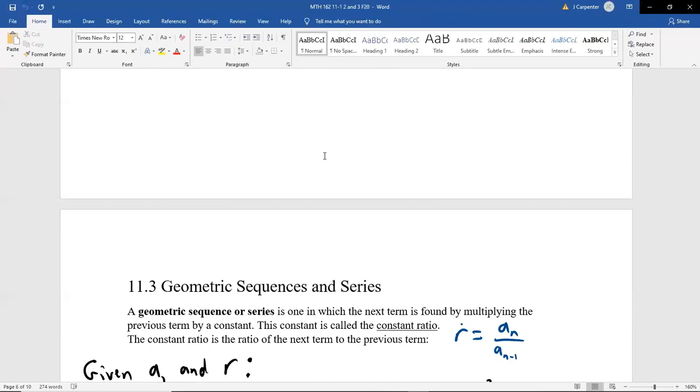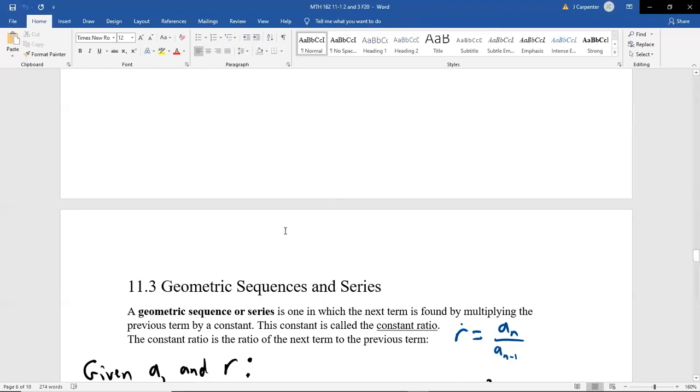We can have formulas to find the 12th or the 200th term. And in fact, under certain conditions, we have formulas to add up infinitely many terms in this type of series. But there's conditions. And those conditions are going to continue through Calc 2 over and over and over.